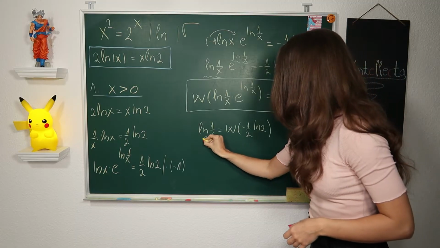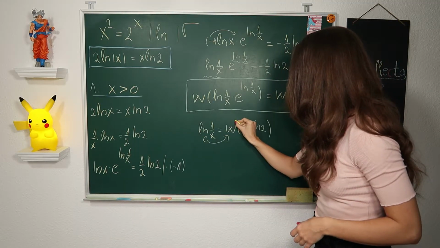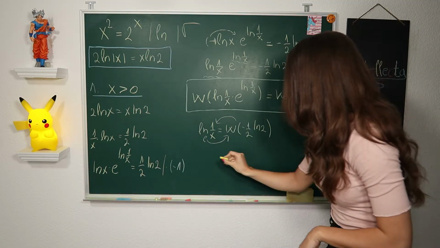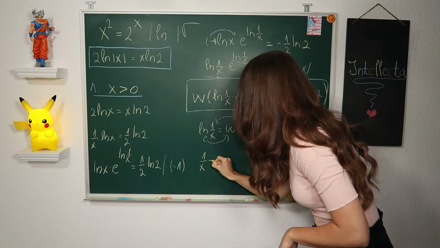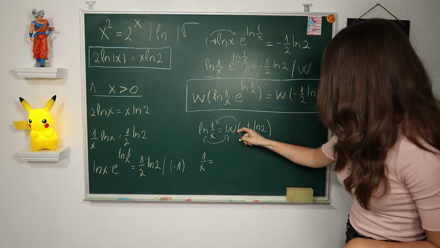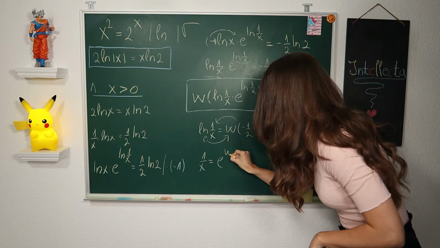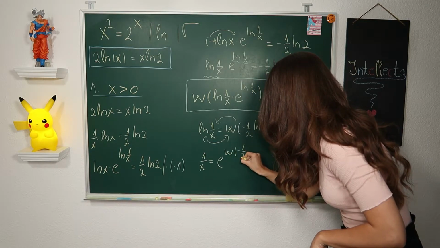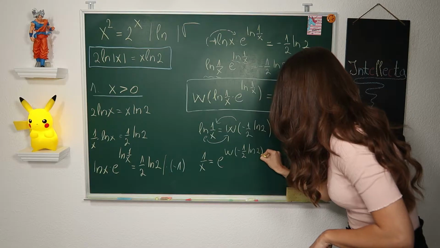And now, with base e raised to this, we have 1 over x is equal to e to the W of -1 over 2 ln 2.